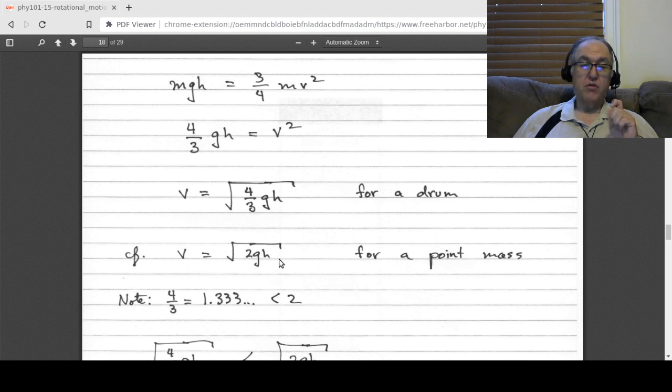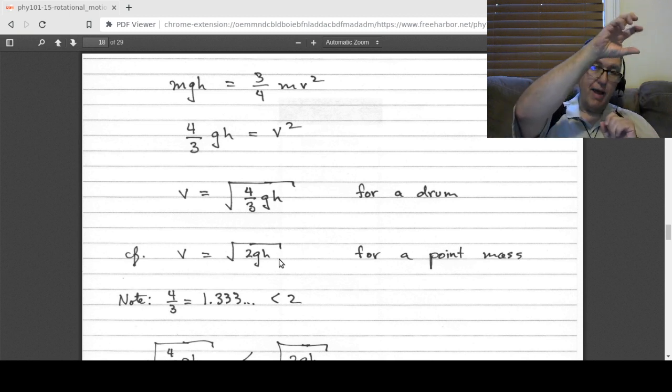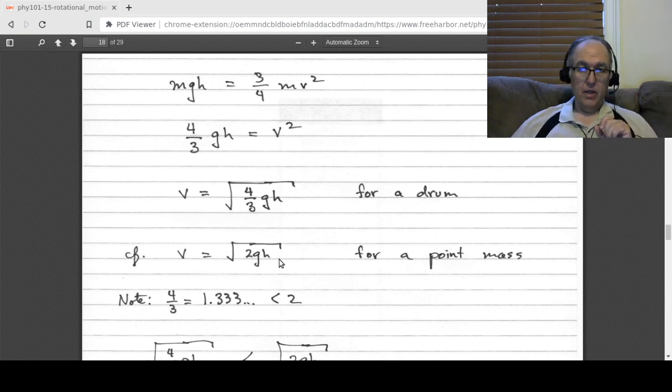If you just have a mass and it doesn't rotate as it slides downhill, no friction, how fast is it going at the bottom? Square root of 2gh. You've got a drum and it rolls downhill. When it gets to the bottom, how fast is it going? Square root of 4/3 gh. They're different from one another.